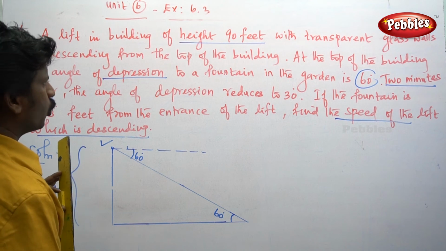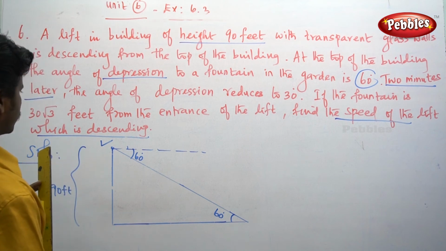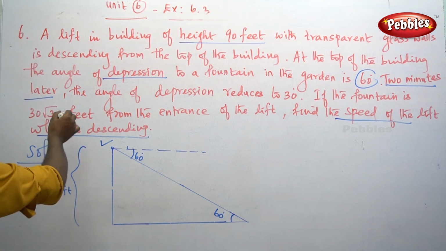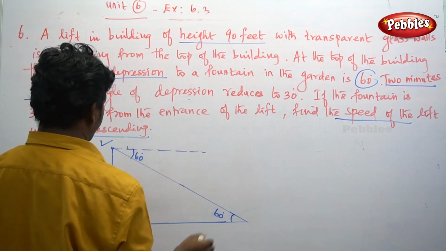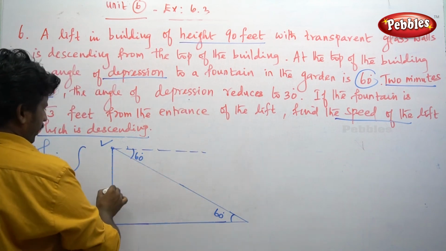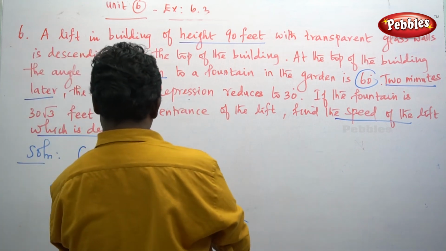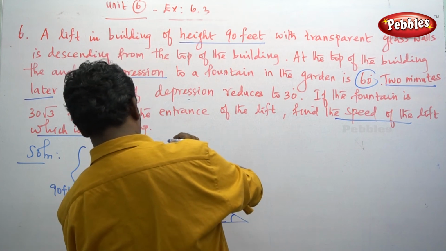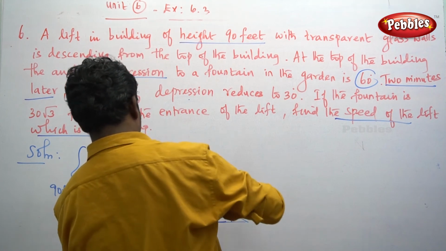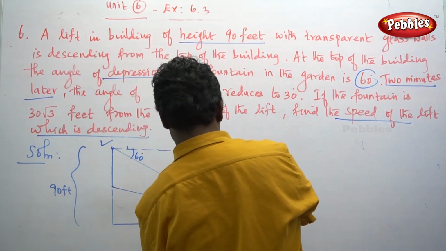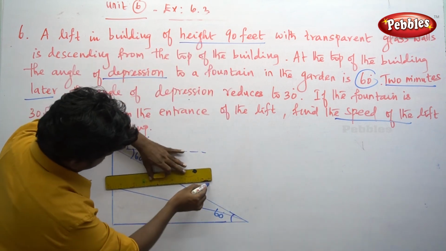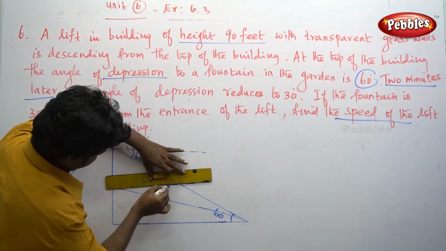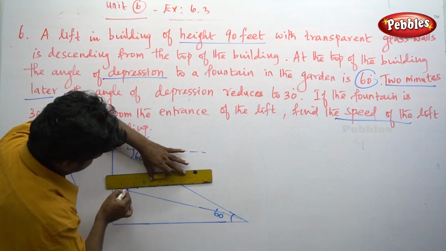Then 2 minutes later, the angle of depression reduces to 30 degree. So here 2 minutes later, இப்போ இங்க இருந்து மார்க் பண்றோம். This is the line here.